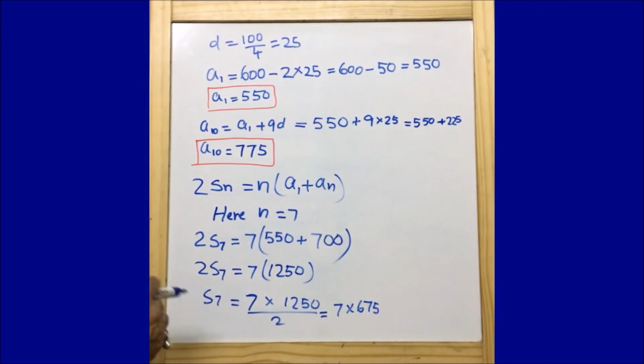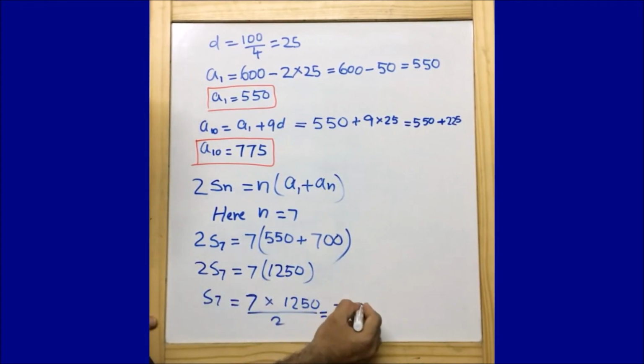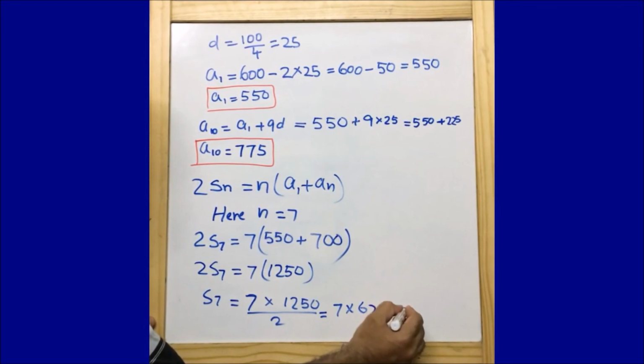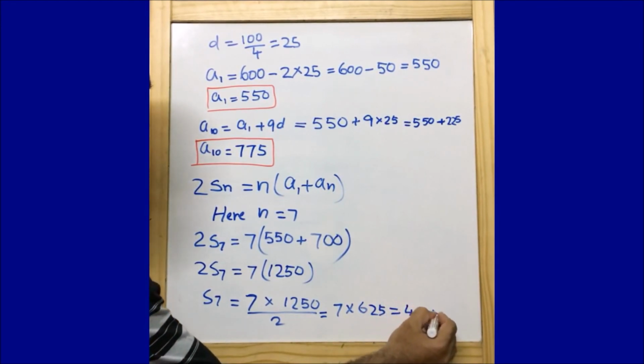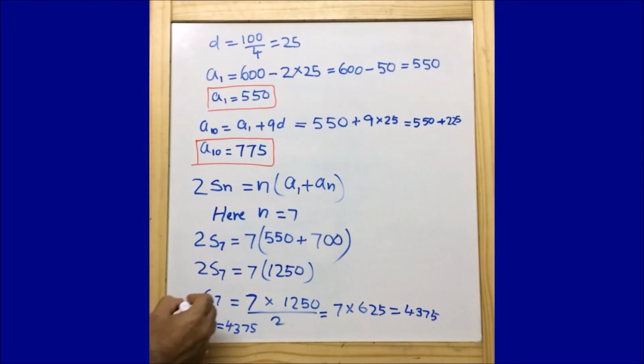So guys, 1250 by 2 means 625. Once solving this, 7 into 625, I am getting 4375. So we got S7 is equal to 4375.